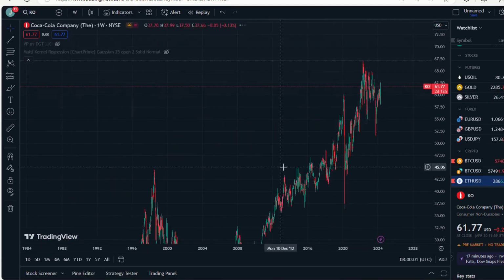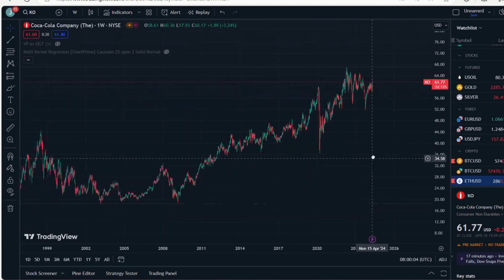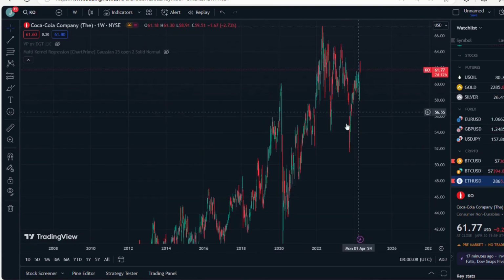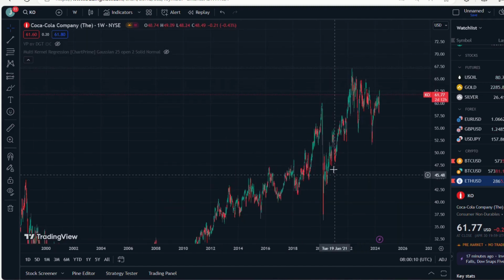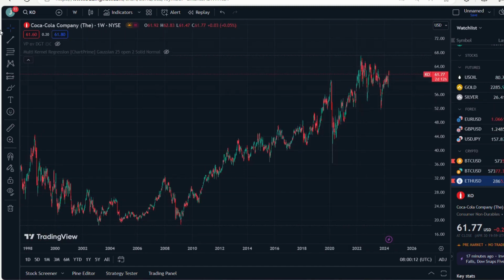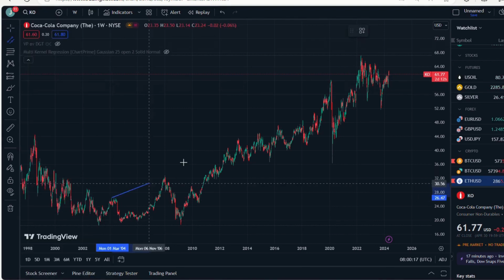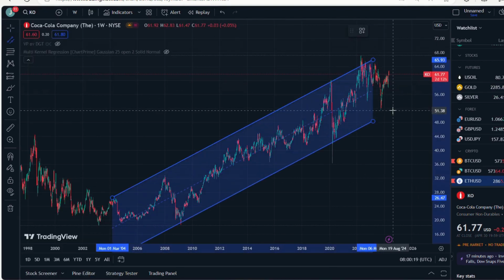What happened, for example, in the long term? As you can see here, the chart in the long term is always going in an uptrend. They have already provided us a good parallel channel, if we are going to draw it here.